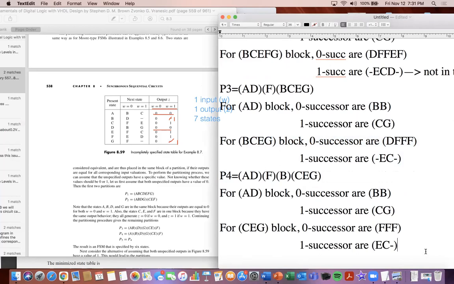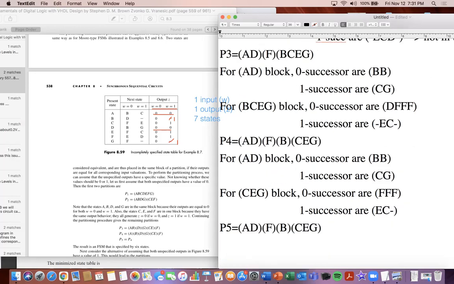So we're good there. So AD, it's BB in the same one, CG in the same one, FFF in the same one, and EC in the same one. So that means right here, we are good. So P5 is going to equal the exact same thing. We did not have to break it up any further. And so then P4 is equal to P5.